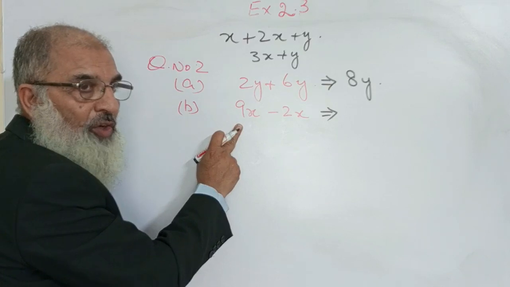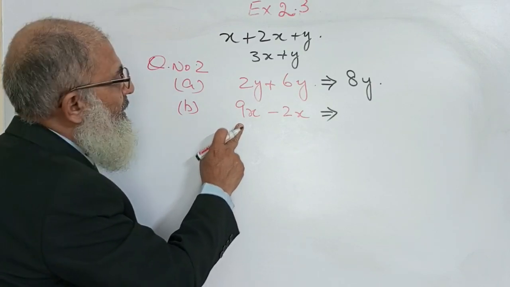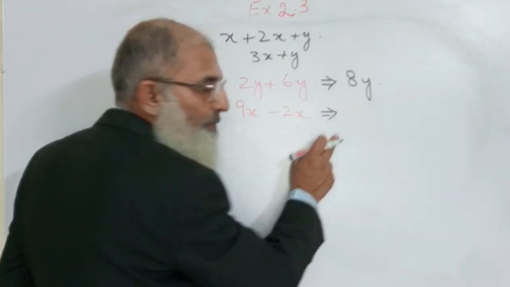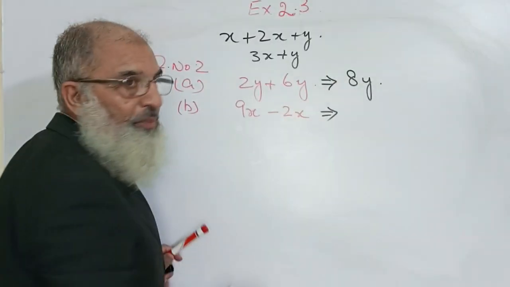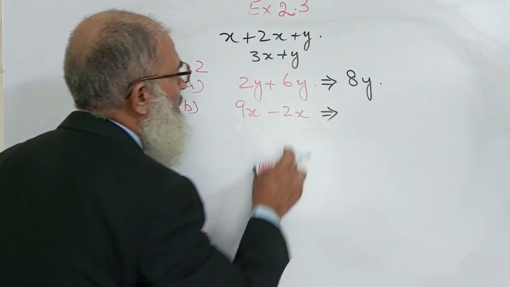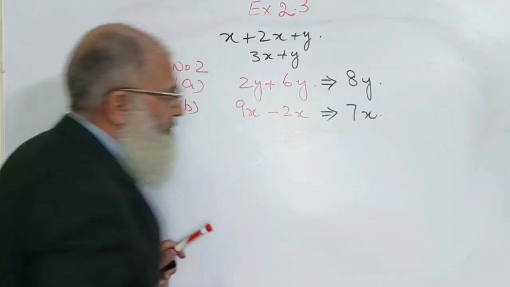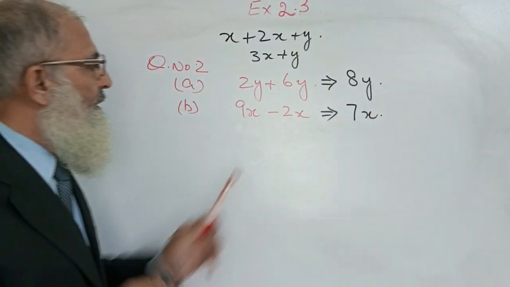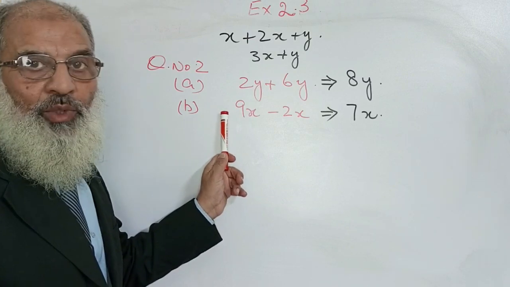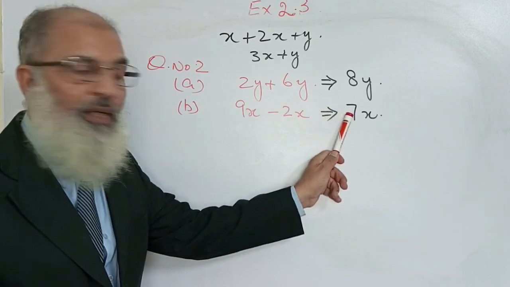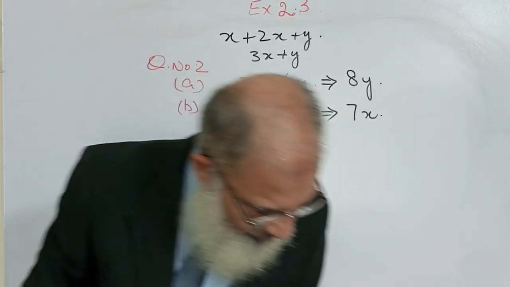The sign of the greater is 9. When there is no sign over here, it means it has a positive sign. So it will become 7x. If it was positive and if this was negative, then it will become negative over here.